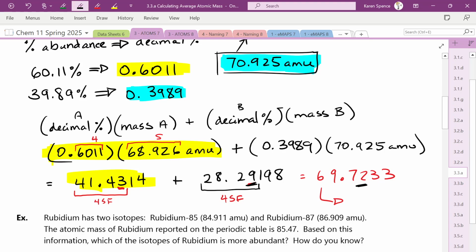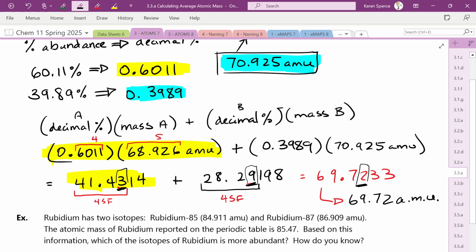We're rounding to our second decimal place, because that's where we have our uncertainty. So the answer is 69.72 AMU. Is that good? Okay.